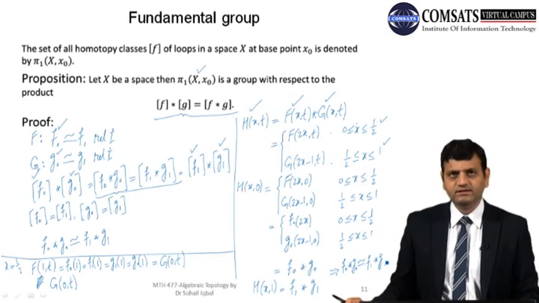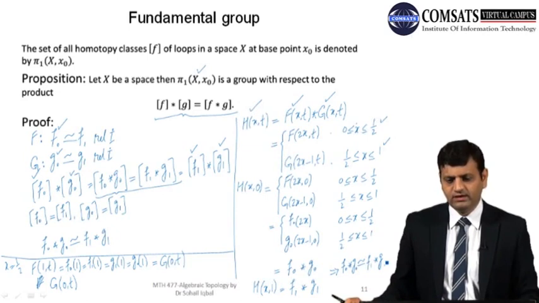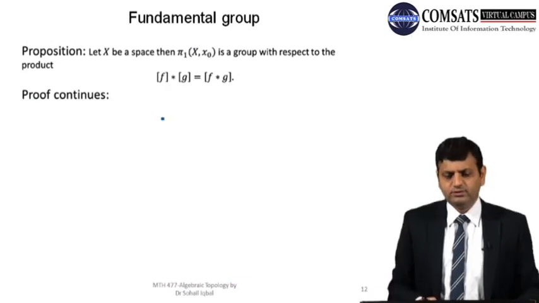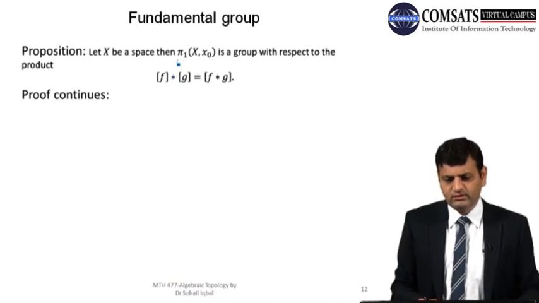So we can say that this operation of multiplication in the set pi1 of x, x0 is well defined. So far we have seen that this operation on path classes in pi1 of x, x0 is well defined. Now we have to show the other properties if we want to show that this is a group.